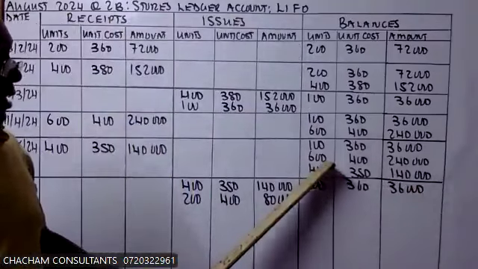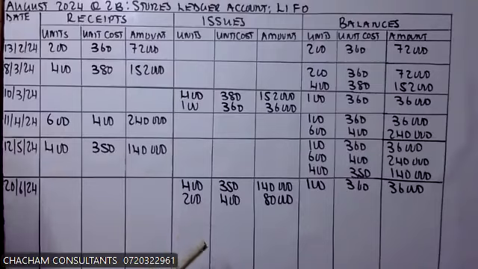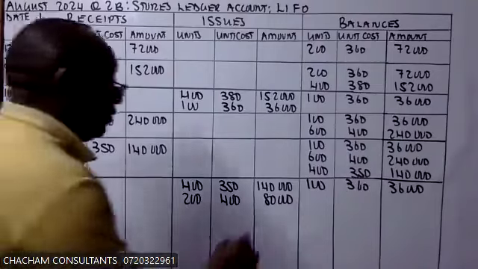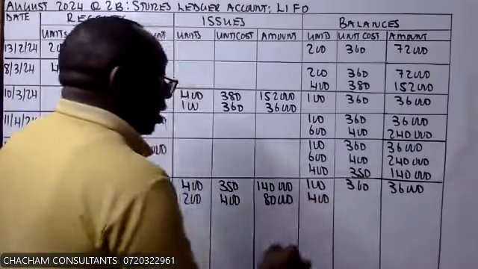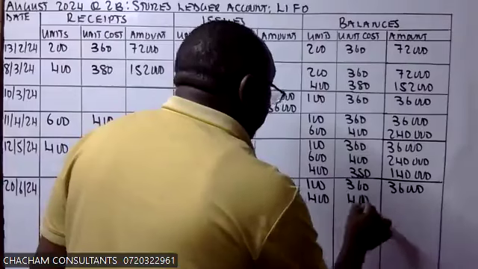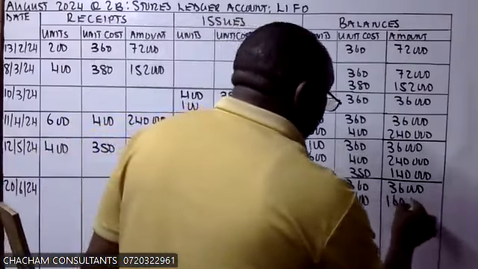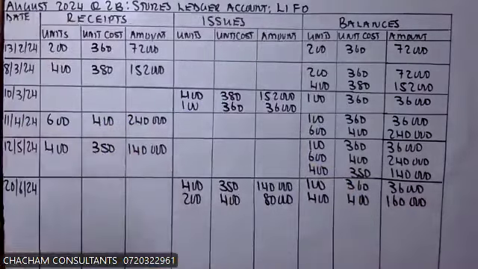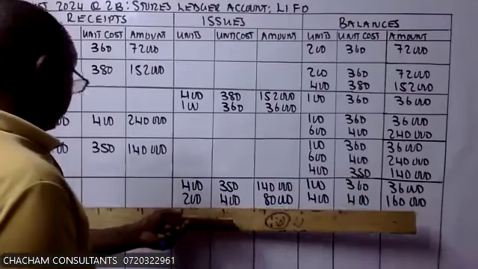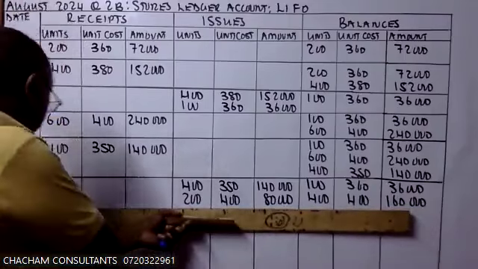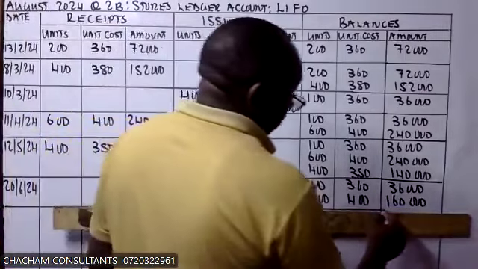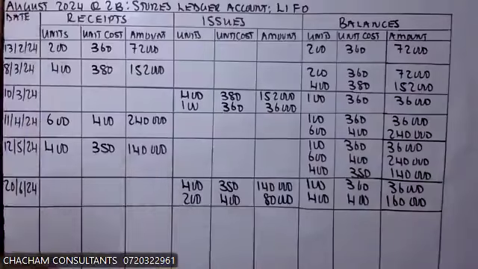Then kwa hii 600, tukishatoa hii 200, tumebakisha 400 at 400. That gives us 160,000. Okay.